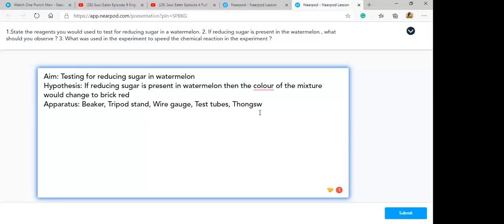Because most scientific stuff have different names. I remember the tongs, the beaker and the test tubes, but what provides the heat? Fire. The Bunsen burner.